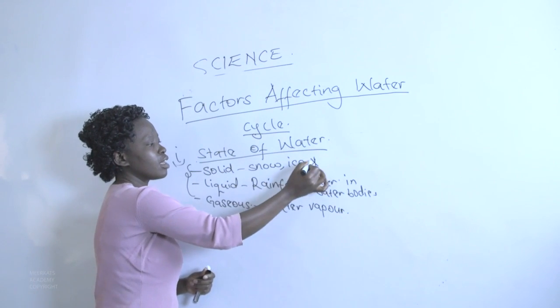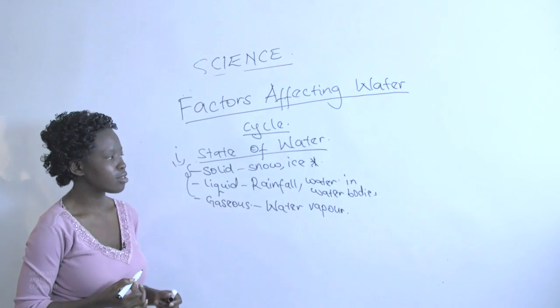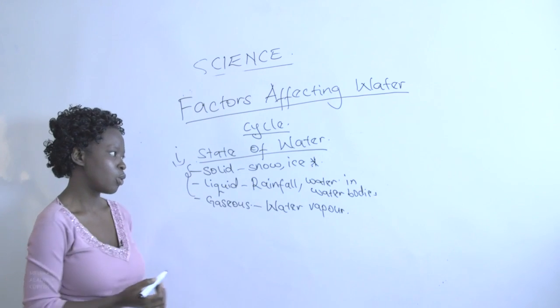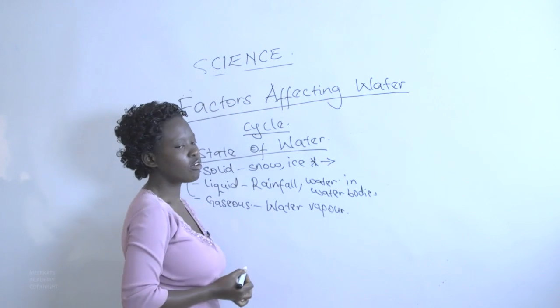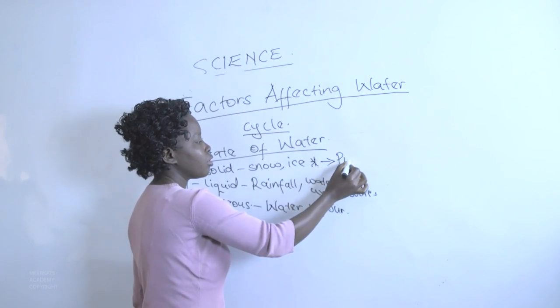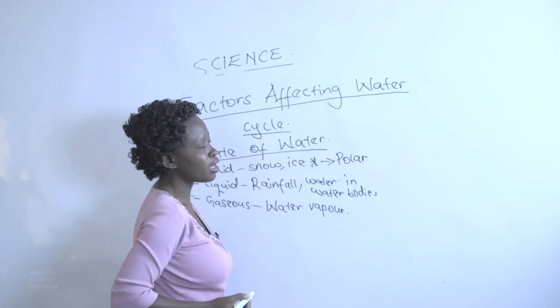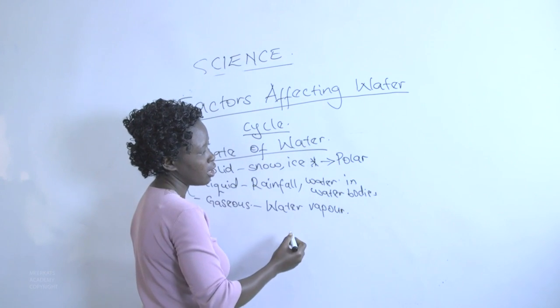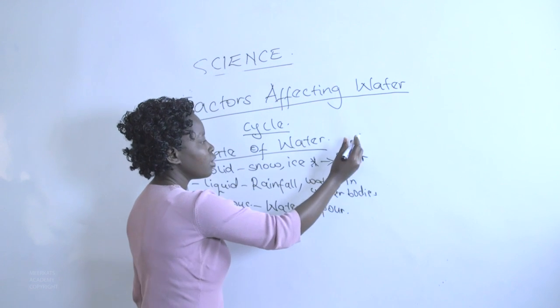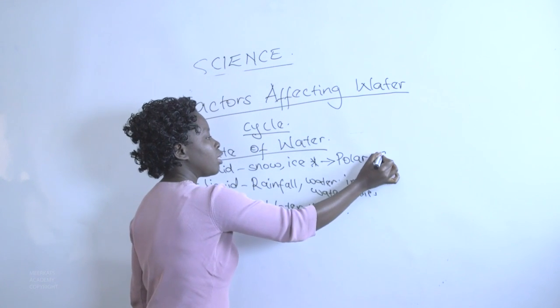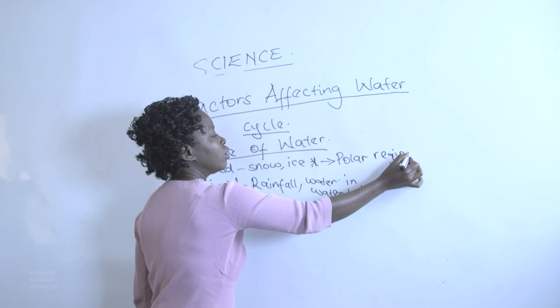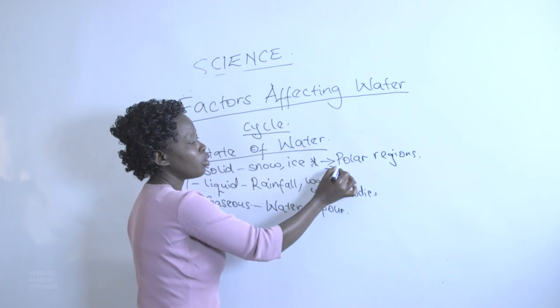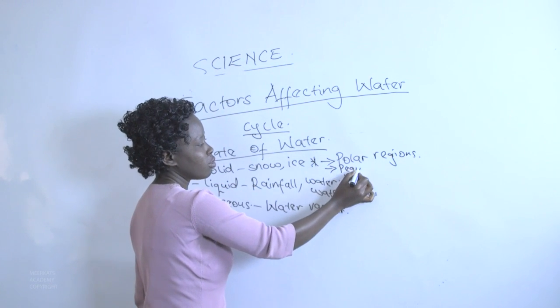When water is in solid state, that is water as ice or snow, this ice could be found either in the polar regions, that is the northern and the southern parts of the earth, or on the peaks of high mountains.